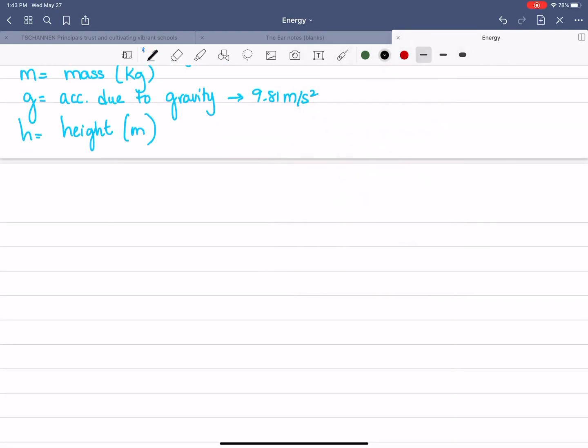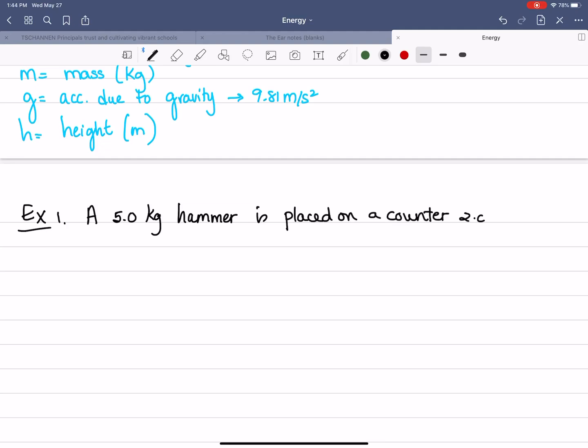Let's see how we approach a question with EP. So let's say example 1. A 5.0 kilogram hammer is placed on a counter 2.0 meters high.